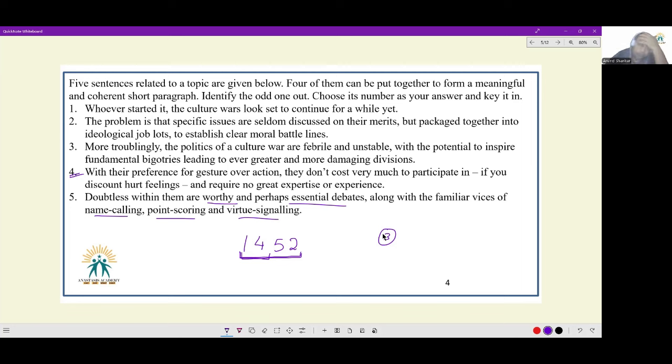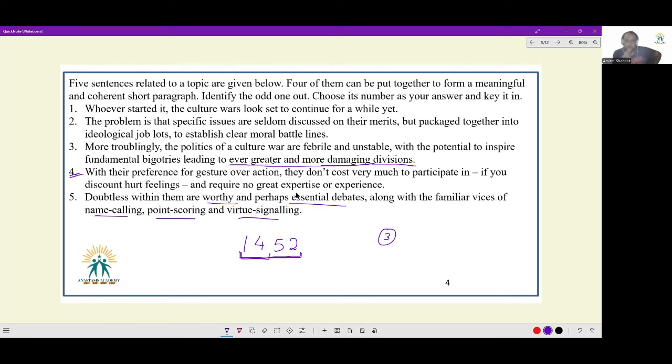And here it talks about leading to ever greater and more damaging divisions. Ideally, it should have some reference to divisions that have already taken place. It should have referred to some divisions that have already been caused by culture wars beforehand for this statement to come through. But then this statement can come through without any other statement as well.